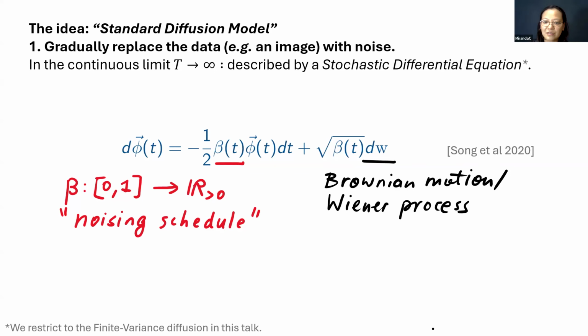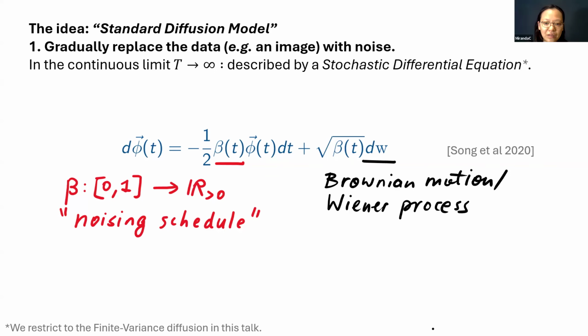For the sake of concreteness, let's take a look at this form, what's called variance preserving diffusion, and we'll call it the finite variance diffusion for the reason that I'll talk about later. So what is the content of this SDE? The second term describes the process of noising out. dW denotes the Brownian motion.